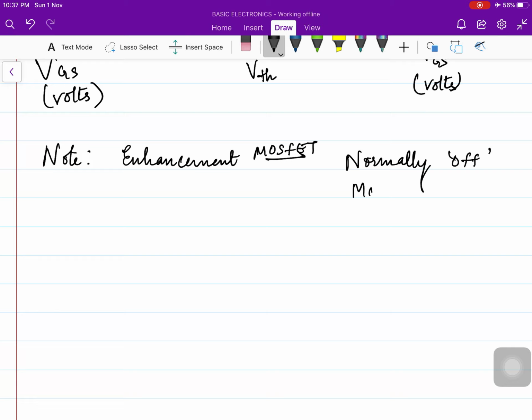And if you remember why depletion was called normally on MOSFET, then I hope you must have understood why it is called normally off MOSFET. The reason being that when VGS is 0, current is also 0. ID is also equal to 0. That is why it is called normally off, which was not the case of depletion MOSFET.